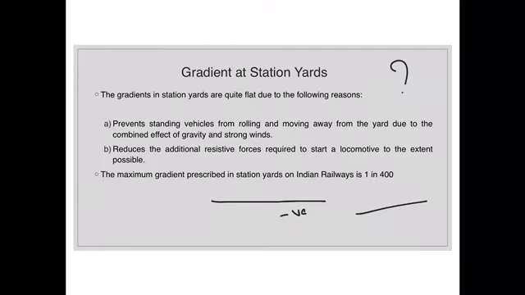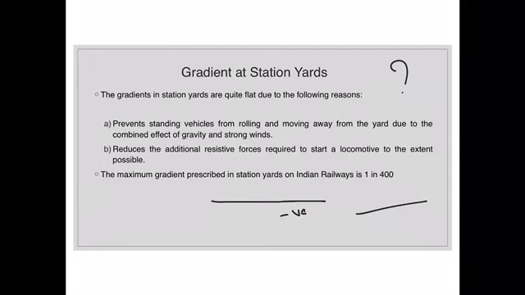The maximum prescribed gradient at a railway station yard is 1 in 400. Preferably, whenever possible, you should provide a gradient of 1 in 1000. If that is not at all possible, you may provide a gradient up to 1 in 400 at the station yards.